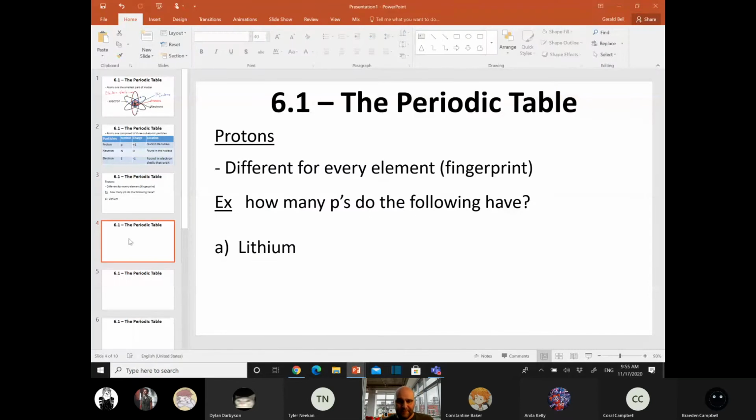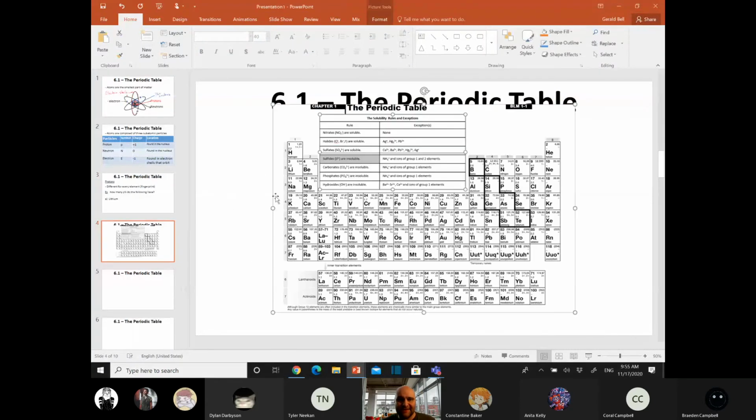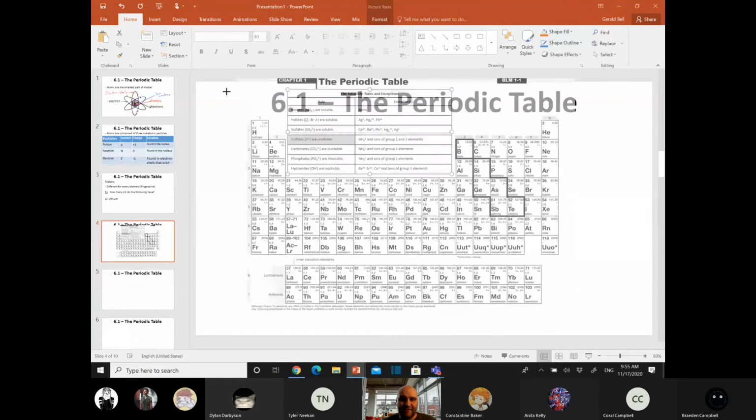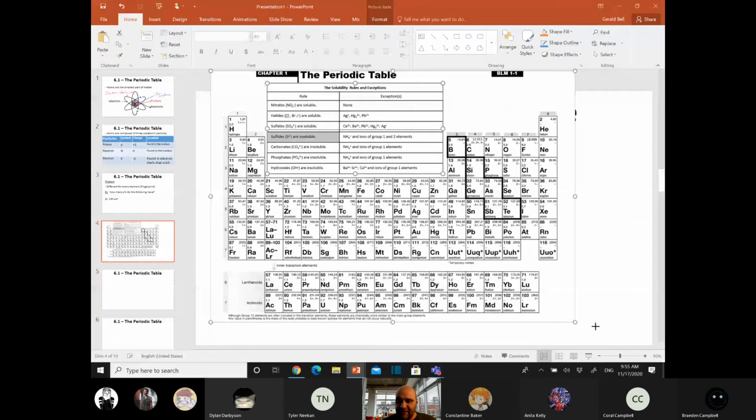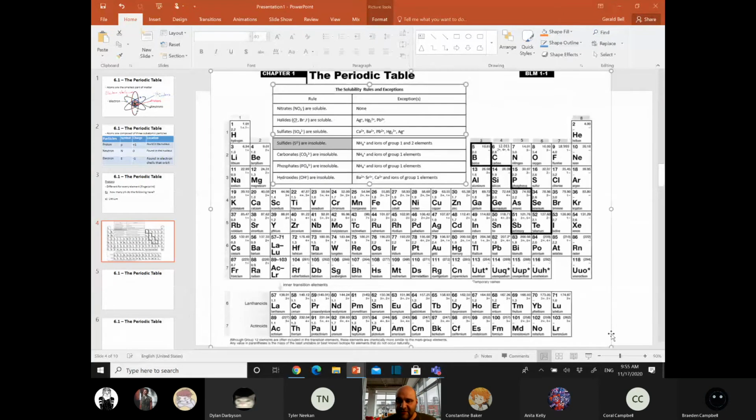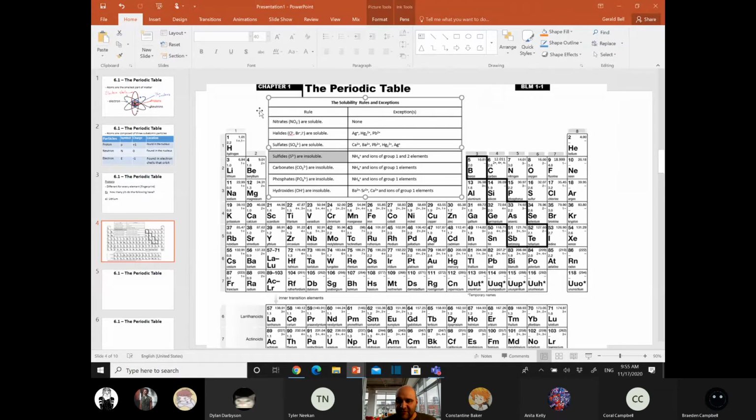Okay. Periodic table. There it is. So all we got to do is find lithium on here. And it's kind of near the start. It's right here.